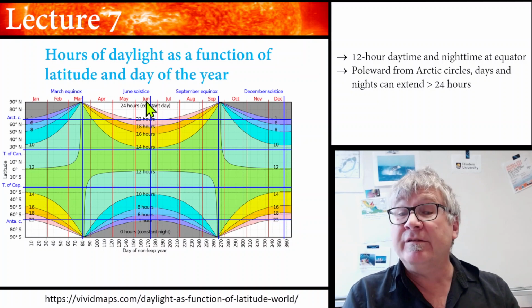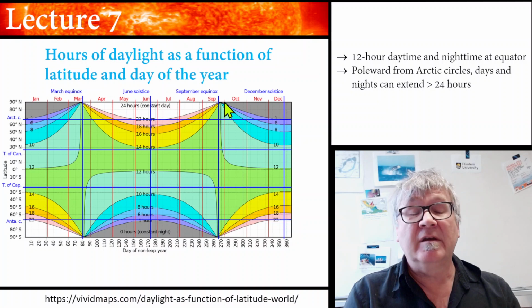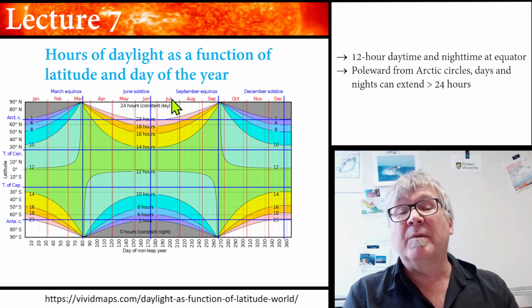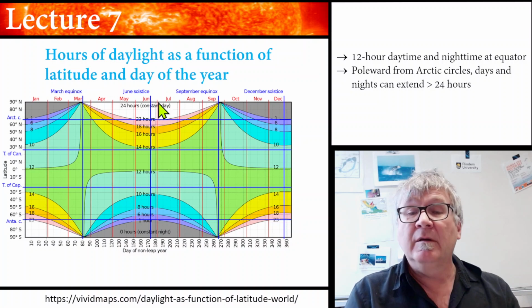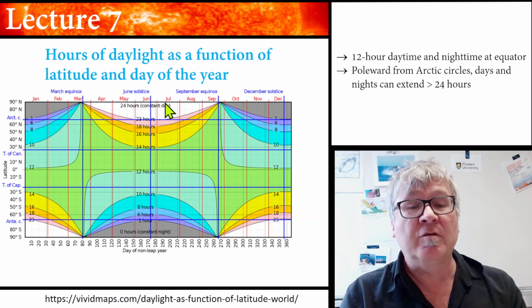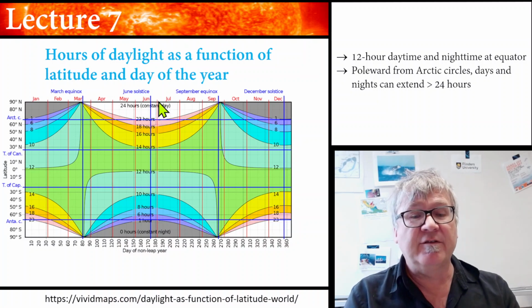If you're at the poles, you indeed have strictly 6 months of summer and 6 months of winter, and the phases are opposite if you compare the northern and the southern hemispheres.